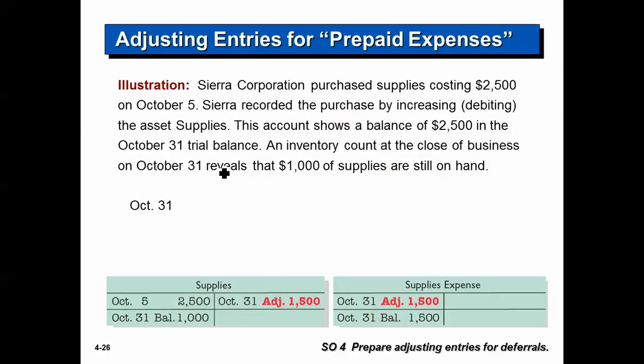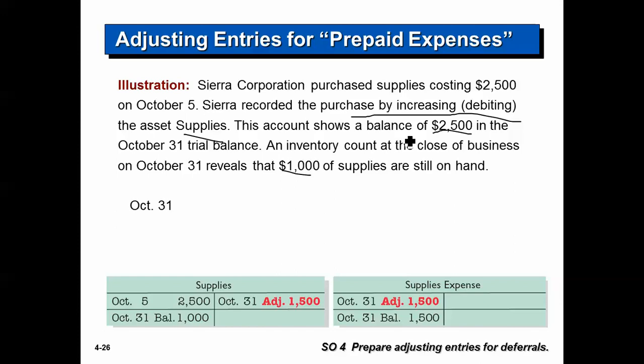Here's an example. We prepaid expenses supplies. We bought supplies costing $2,500. We recorded that purchase by increasing the asset supplies. Now, at the end of the month, the account shows a balance of $2,500. However, when we count what's left on October 31st, we only have $1,000 left.